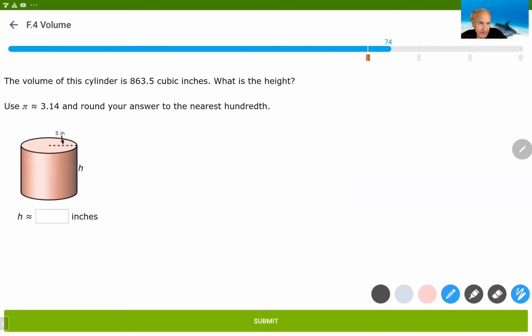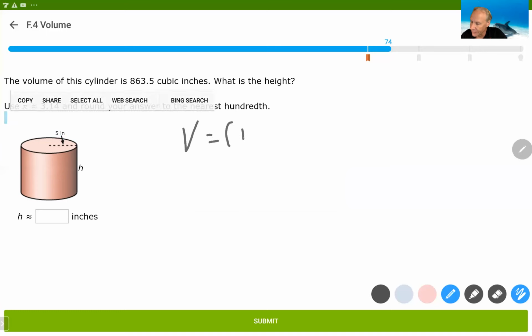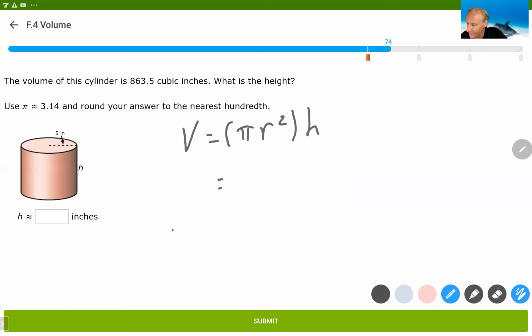Area of the base times the height. But this time I should follow the 5 problem-solving steps. In this particular case, I'm going to write the formula, which is the volume is equal to the area of the base, which is pi r squared, times the height. And in this case, they want me to use the 3.14.